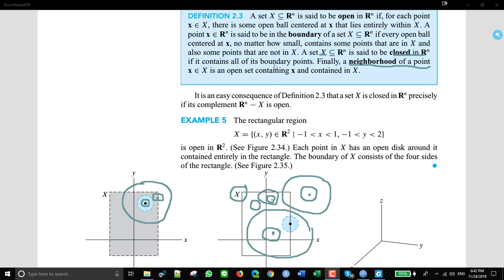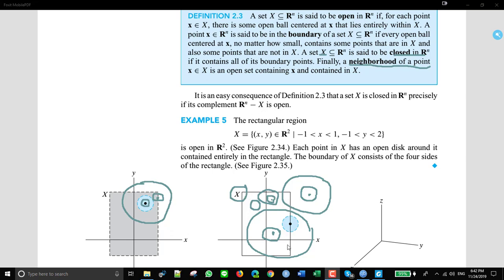Okay, next thing she says is it's an easy consequence of this definition that a set X is closed in Rn precisely if its complement, Rn minus X, is open.